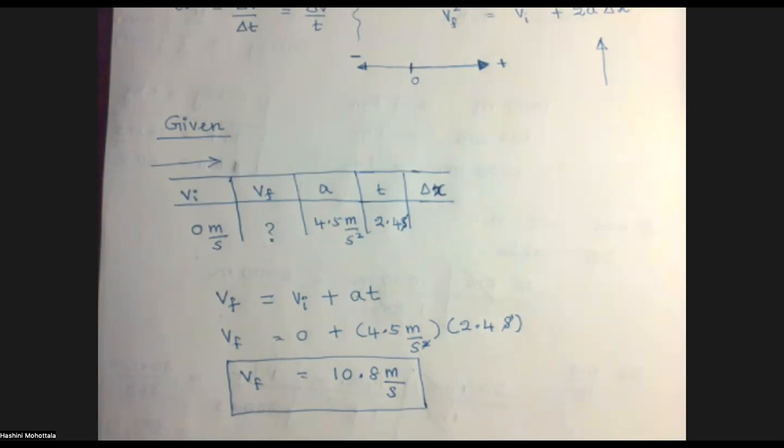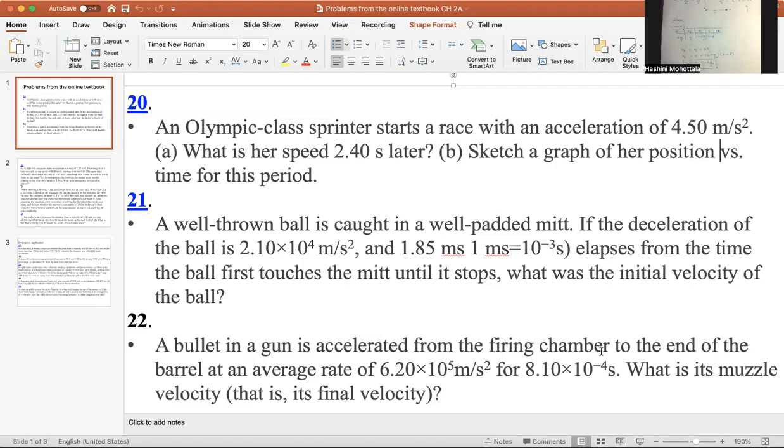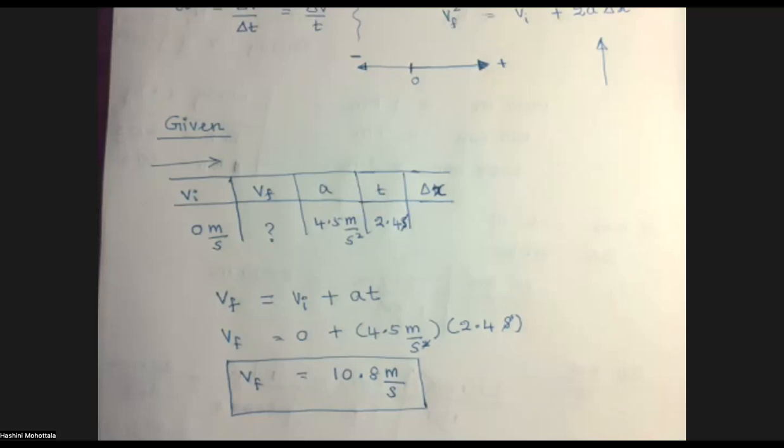And there is a second part to the question. Let me actually go back and check again. And the second part is sketch a graph of her position versus time for this period. So the second part is sketching a graph. Now, in order to sketch this graph of her position versus time for this period, meaning for the 2.4 second time, we need to find her final position.